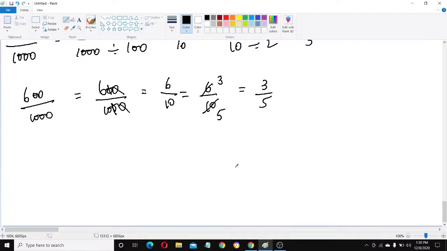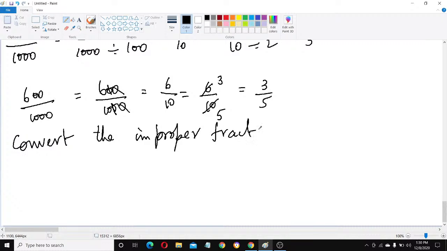Now how do we convert? This is also important, children. Convert the improper fractions into mixed fraction.